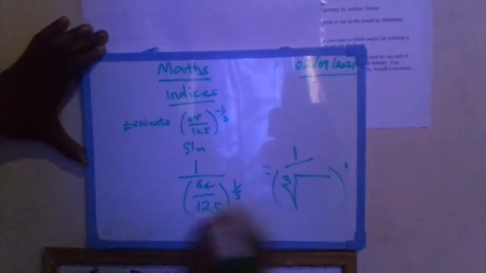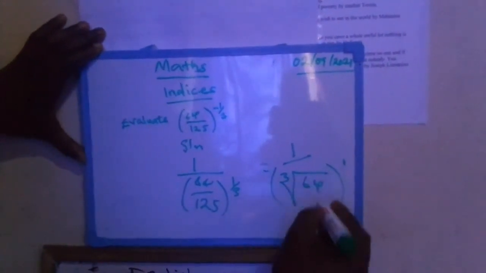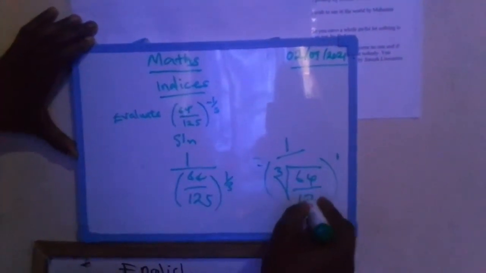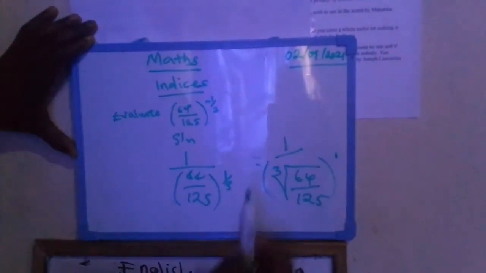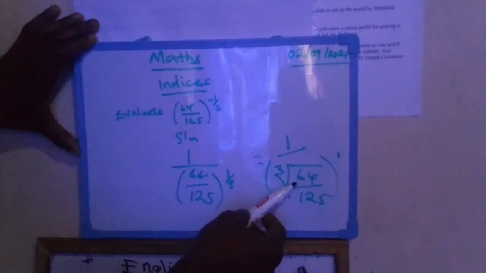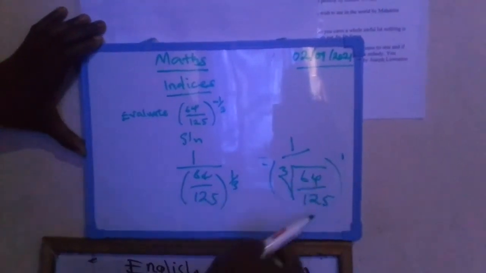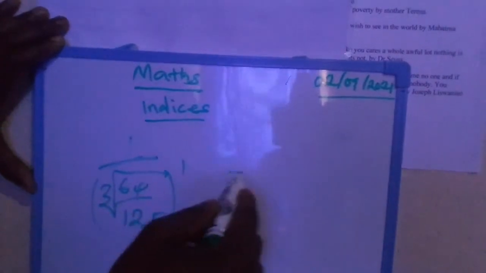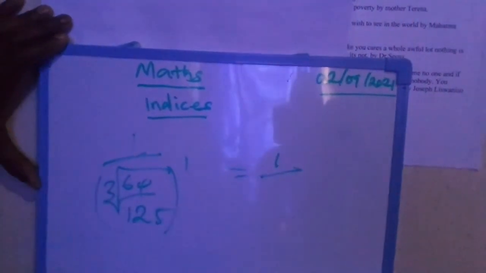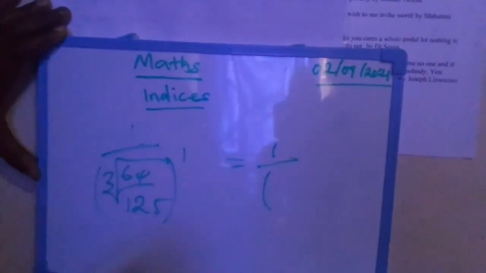So we will find the cube root of 64 and the cube root of 125. We have 1 over, then open bracket.